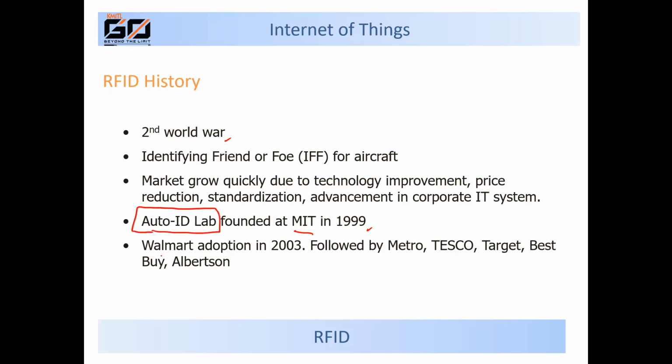The Auto ID Lab actually worked on detecting products in Walmart adoption and retail, which have big cargo inside. And then they tried to use radio frequency instead of just barcode.